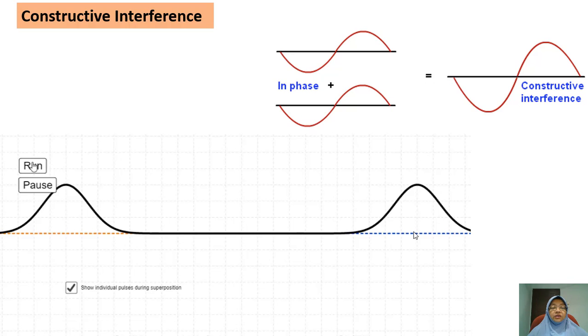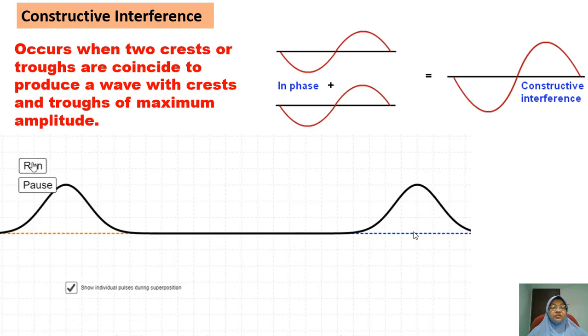Now again, we look at the meaning of constructive interference. It occurs when two crests or troughs coincide to produce a wave with crest and trough of maximum amplitude. So two crests coincide, meaning they meet together to produce a bigger crest, and another one is a trough and a trough to produce a bigger trough. We can look at this video.